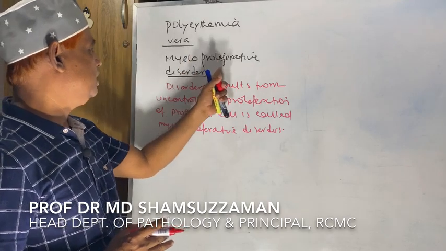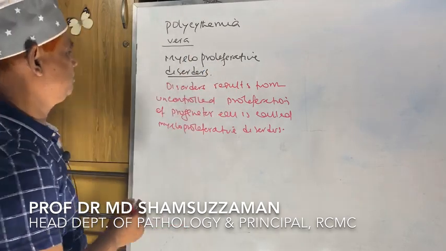Polycythemia vera is one of the myeloproliferative disorders.